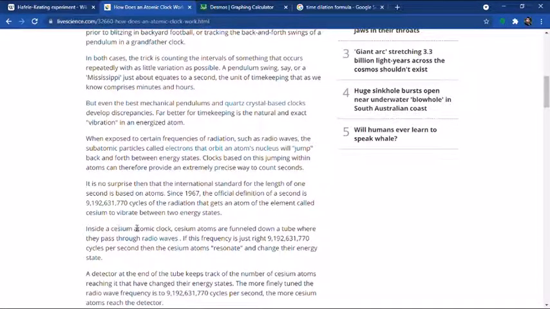So basically they adjust the frequency by having a specific atom and providing it with different frequencies of light, so that for a specific frequency they know that a specific atom can change the energy state of its electrons.